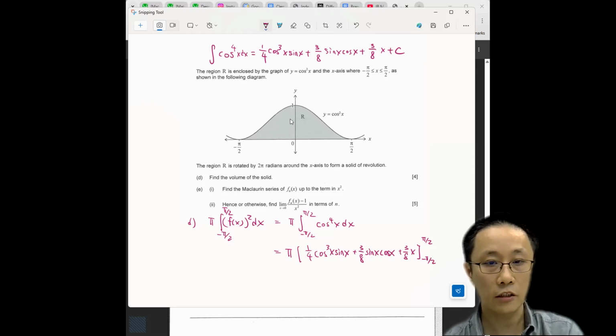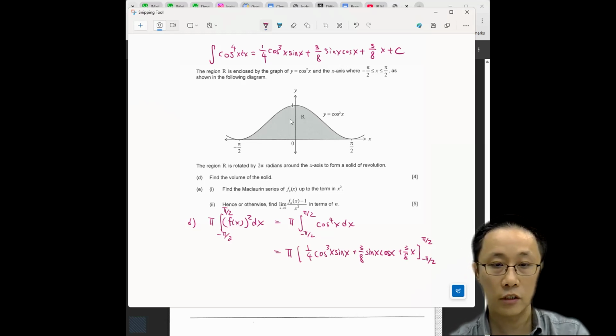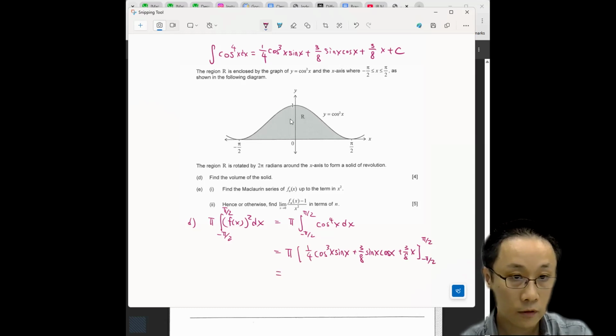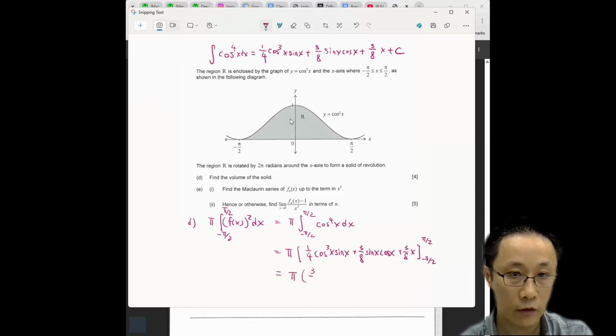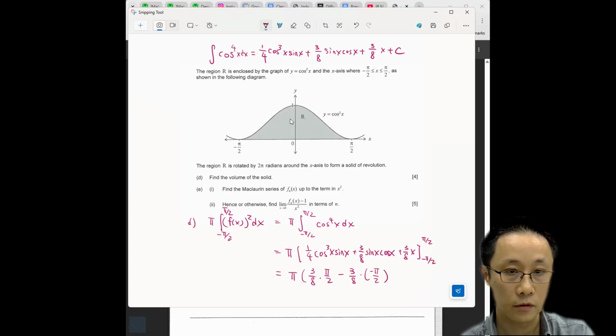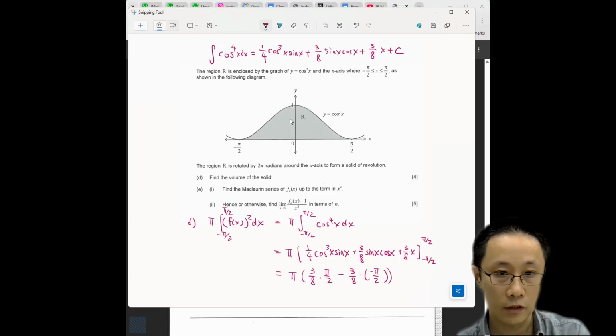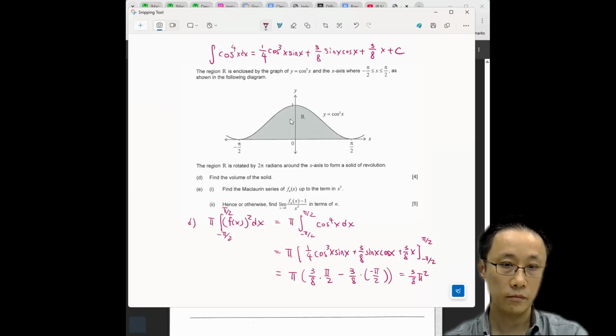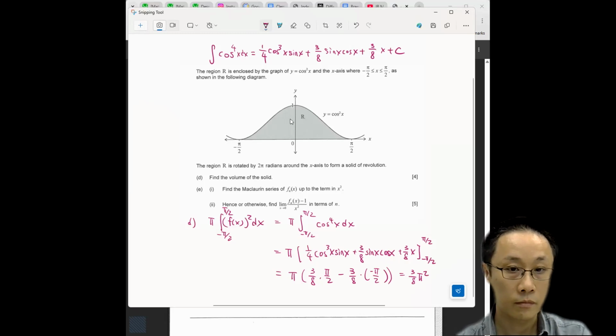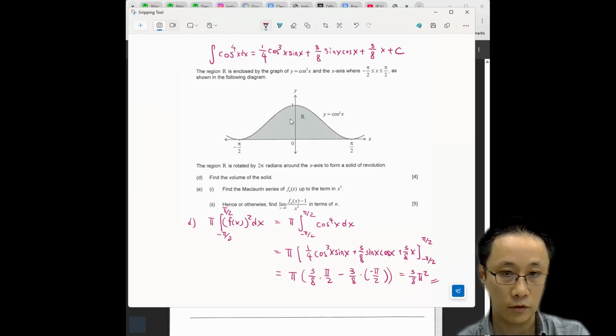And realizing that cos pi over 2 and cos negative pi over 2 are both 0, the trig terms all disappear, and we now have 3 over 8 times pi over 2 minus 3 over 8 times minus pi over 2, leading to 3 over 8 pi squared.